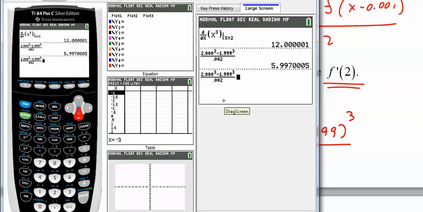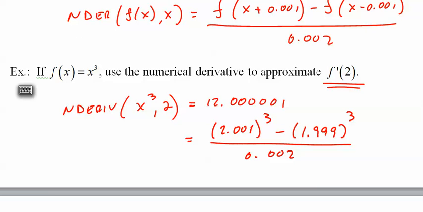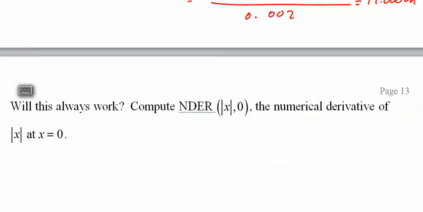Oh, I'll have to go sort that out later. So we'll have to use the original one up here at 12.00001. Minus... looks good. Figure it out later.